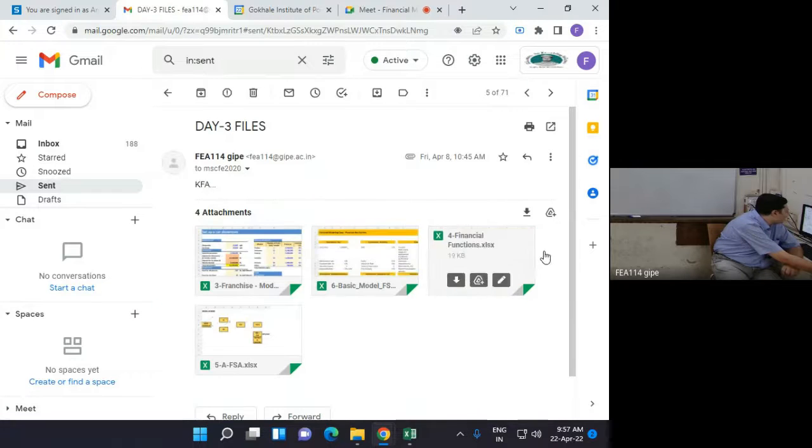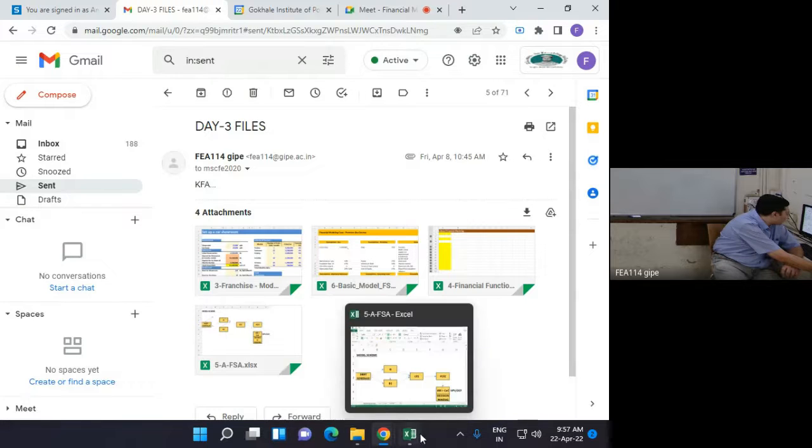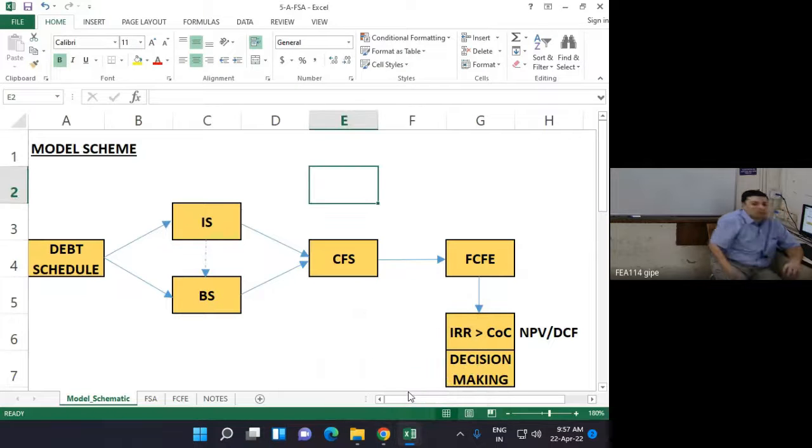I had shared these 4, 5 and 6 in the 8 April mail. If you don't have it, everybody download file number 5 and 6, and we'll need both today. So 5 is more of a discussion and 6 is the model that we're going to make. In the meantime that you're getting the files, let me get started with a quick revision of financial statements.